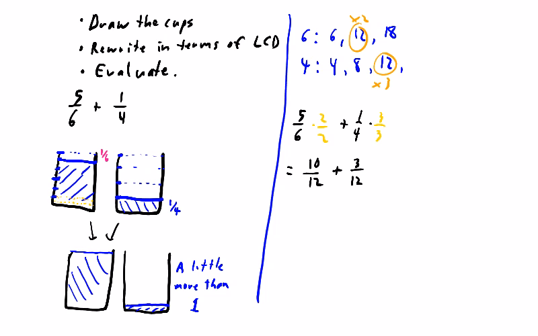So 1/4 and 3/12 is the same thing. In other words, if we had taken each 4th and broken it into 3 parts, we would end up with 12 parts, and we would have 3 of those filled. So 3/12 is the same value.